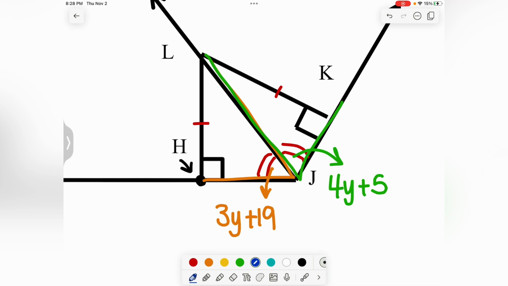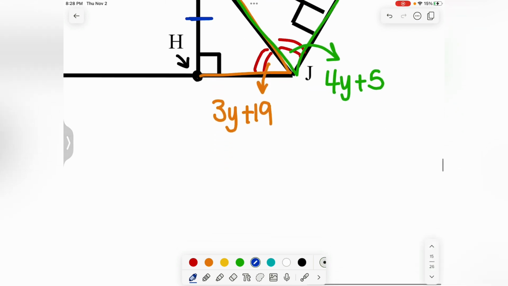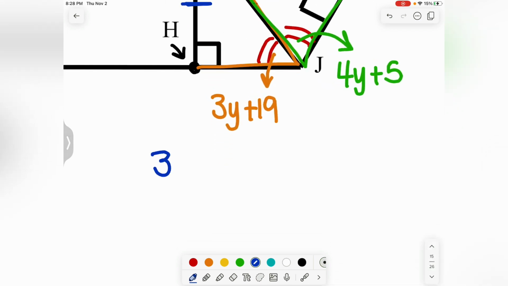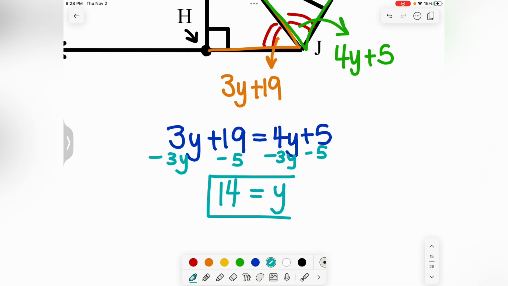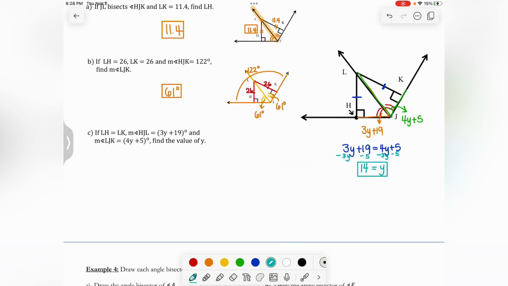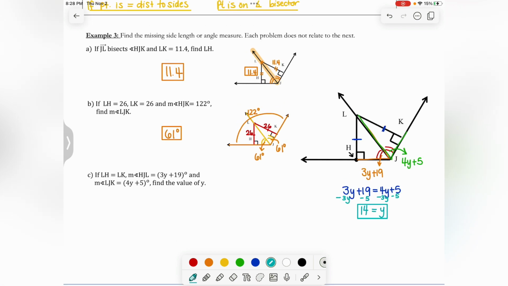So since these sides are equal, the angles are equal, and I can set these equations equal and solve. So let's see, I'm going to subtract over 5. So I get 14 equals, I'm going to also subtract over 3y, and that's actually the answer for y. What is it asking me to solve? It says find the value of y. Y is 14. So there's 3 examples of algebra problems with angle bisectors.